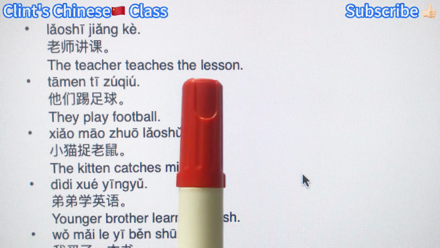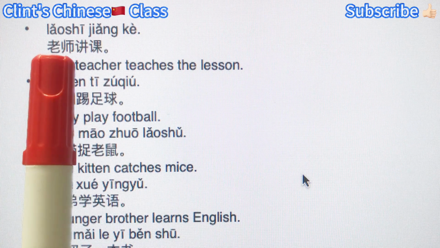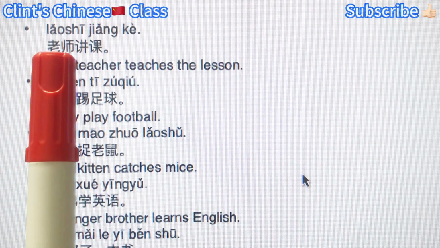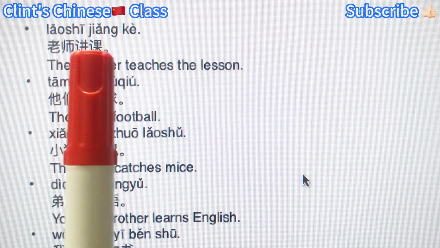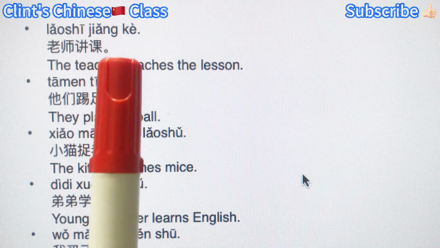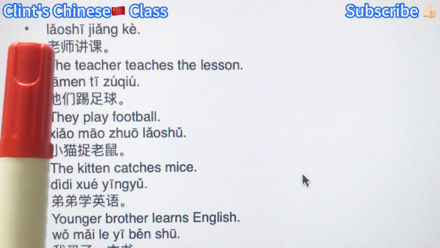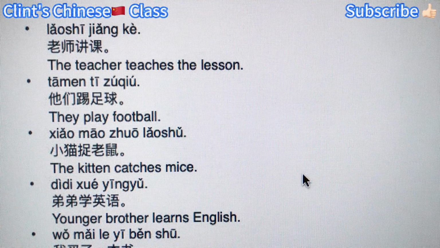The teacher teaches the lesson. 老师讲课. So 老师, teacher, subject, 讲, verb, predicate, 课, lesson, object. Okay. So when you see these sentences, you can analyze them, right?